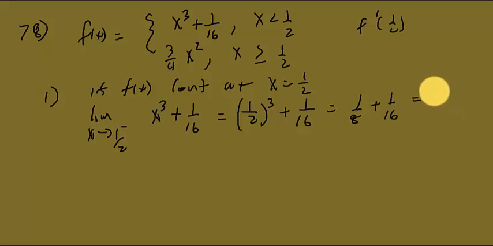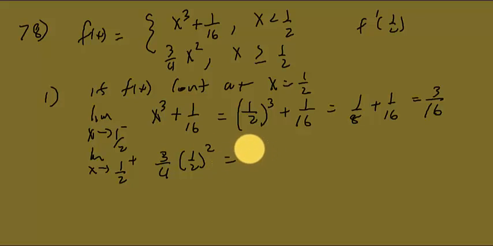That's 2/16 plus 1/16, so it'll be 3/16. Then I've got to check from the right side, the limit as x goes to 1/2. From the right side, that means I have to use the second function, 3/4 and 1/2 squared, and that's going to give me 3/4 times 1/2.